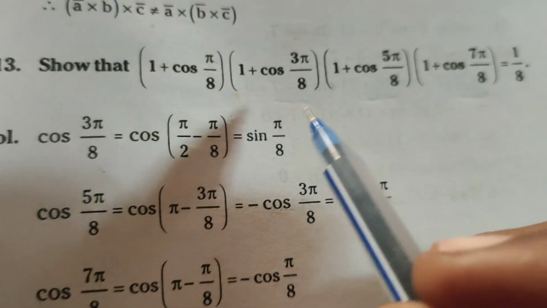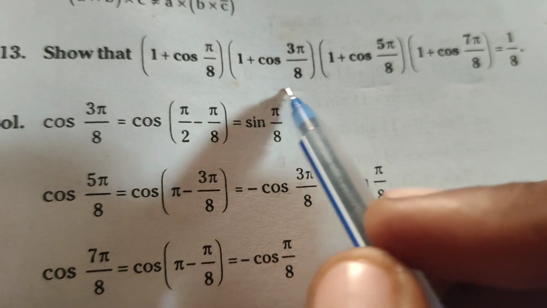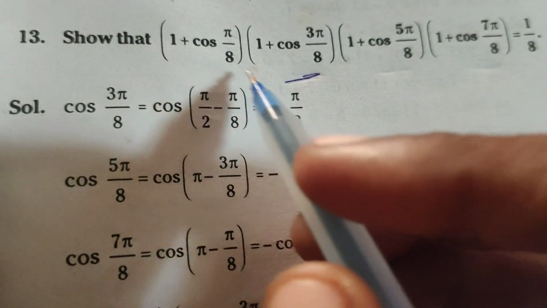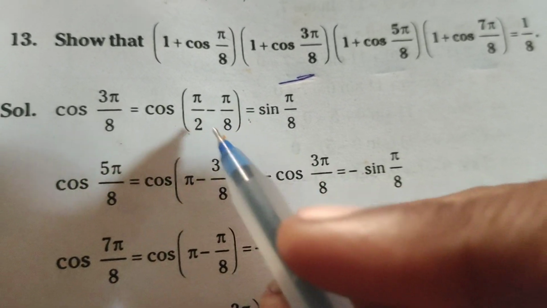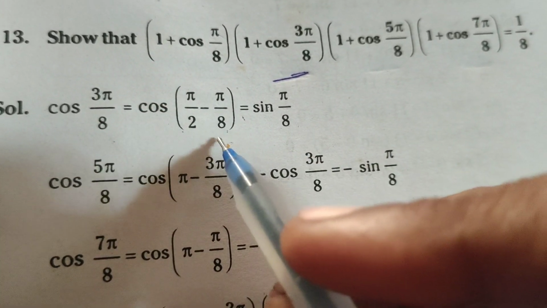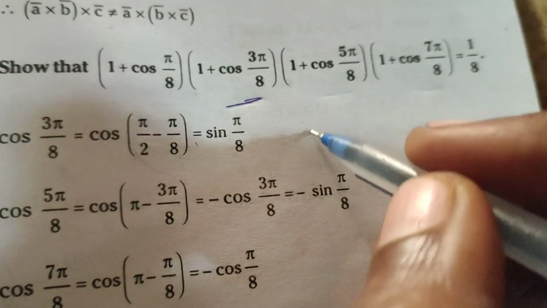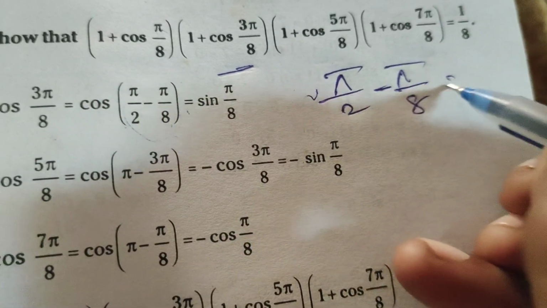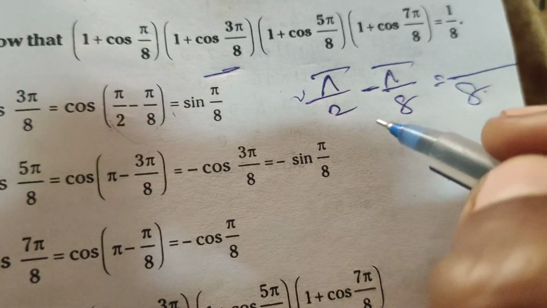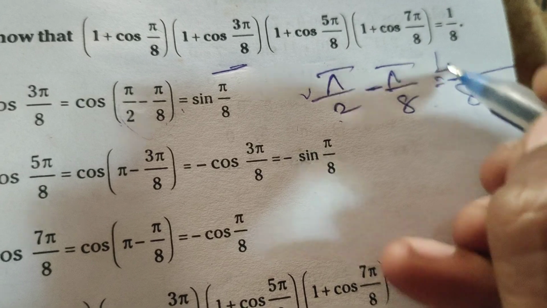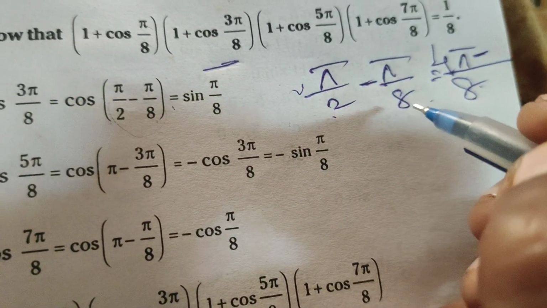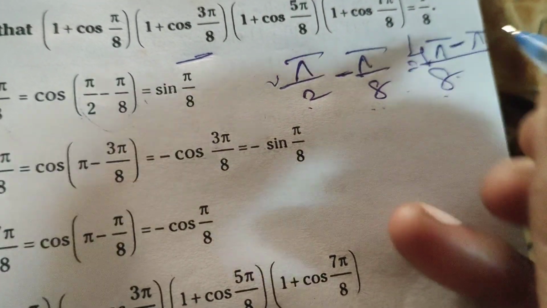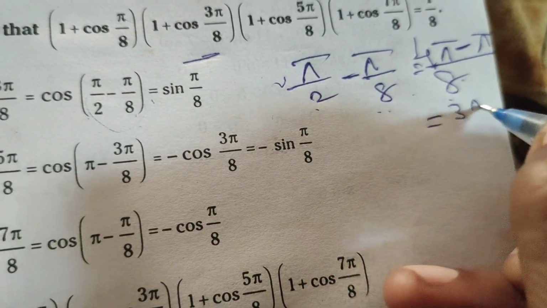Splitting cos 3 pi by 8 as cos of 90 minus theta: taking the LCM 8, pi by 2 minus pi by 8 gives 4 pi minus pi over 8, which is 3 pi by 8.